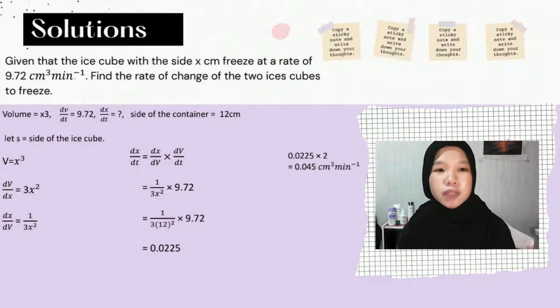Solutions. Given that the ice cube with the size of x centimeter freezes at a rate of 9.72 cubic centimeter per minute, find the rate of change of the two ice cubes to freeze.